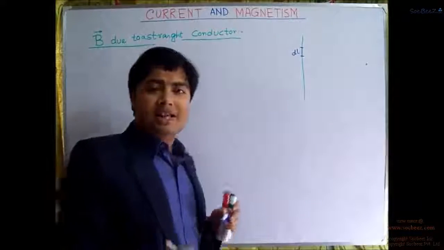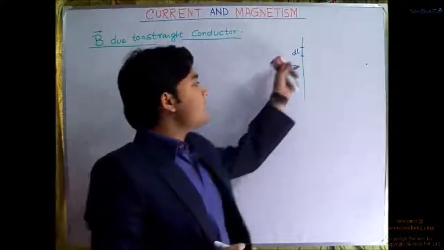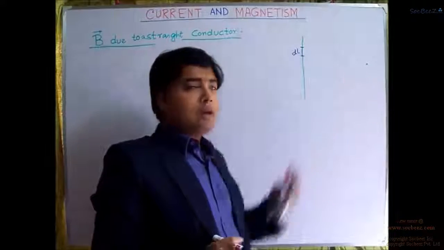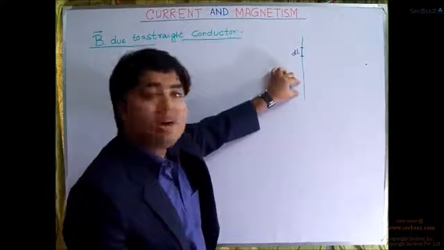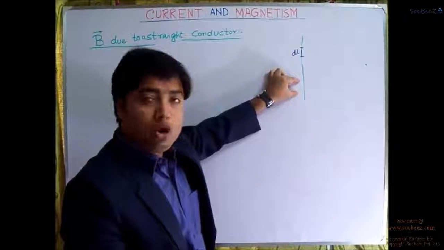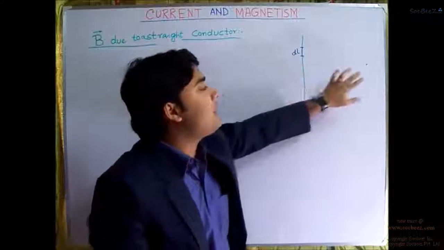Now due to this dl, obviously there would be some B associated with it, right, and this same dl could be over here also. So this small dl at this region will generate another magnetic field.